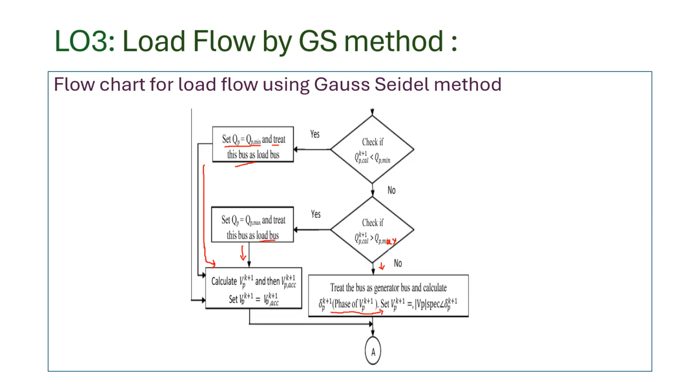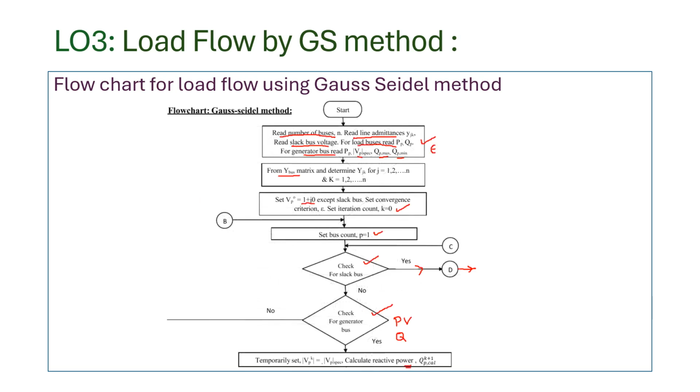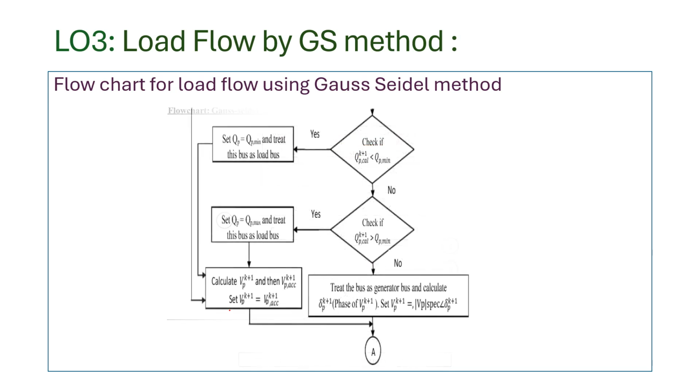Now here in this case, what is there? If it is not a generator bus, then it is a PQ bus, and we have to calculate its voltage. So this point comes directly here, and then we calculate the voltage.